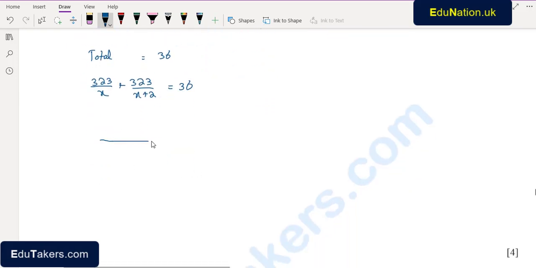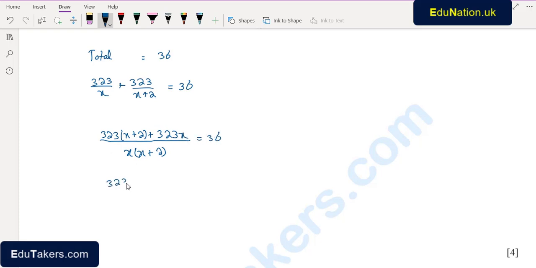Taking LCM, x into x plus 2, 323 into x plus 2 plus 323x is equal to 36.